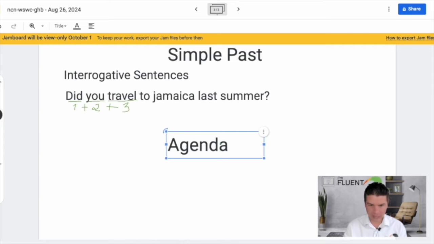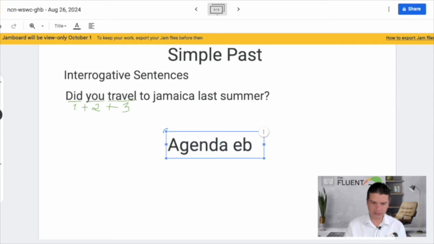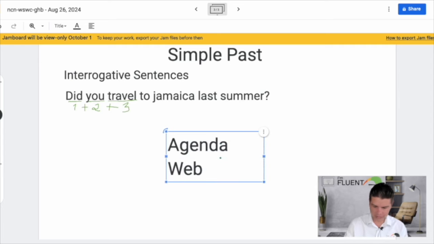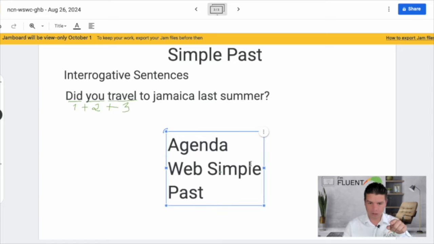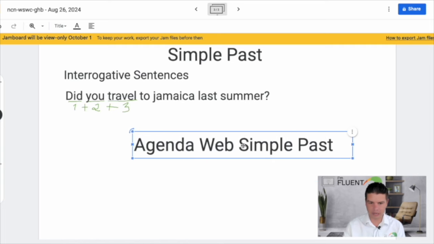It's called Agenda Web. And once you put on your browser, Agenda Web, you just put, in this case, simple past. Remember, this is online. So Agenda Web plus the grammar topic that you are practicing. So in this case, it would be simple past.